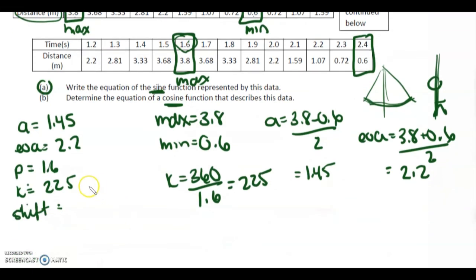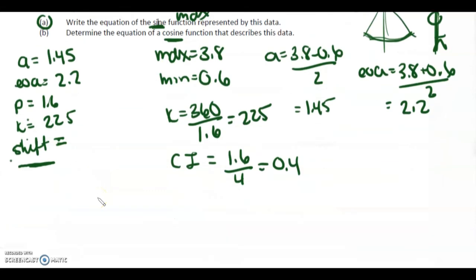For the shift, we have to take into account the critical interval. The critical interval is going to be our period divided by 4. So this is like doing 16 divided by 4, which is 4. Let's come back to shift when we put it into the sine or the cosine function.